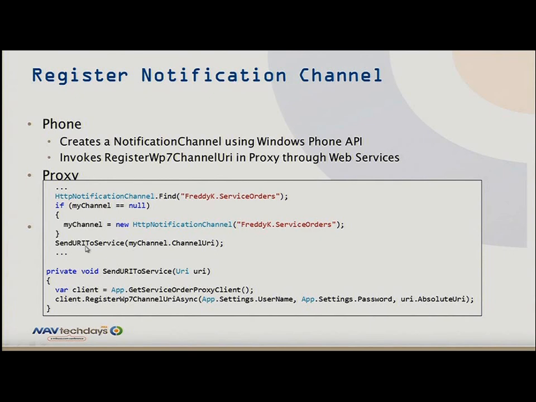And then send URI to service is the one that sends it to NAV. What it does is it creates a proxy client for my proxy on the service bus, and then it calls this register WP7 channel URI async. The async is because the phone cannot do synchronous web services, it can only do asynchronous web services.